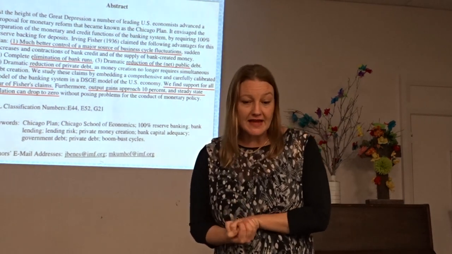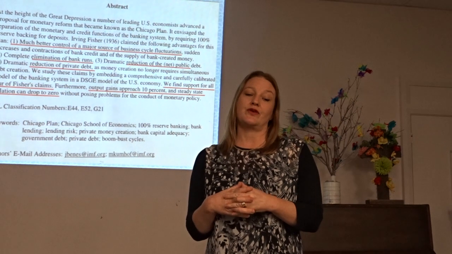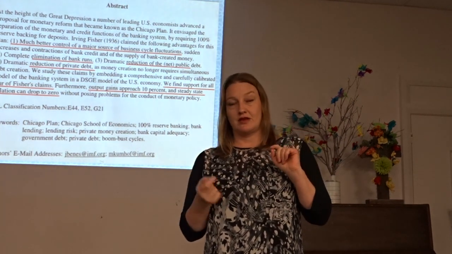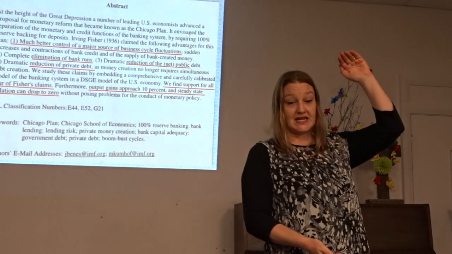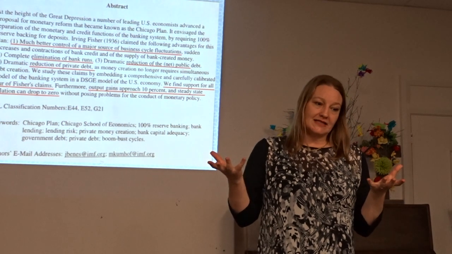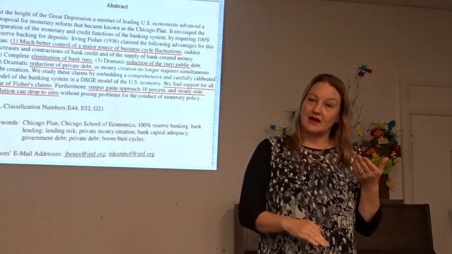The second thing they said is that we get a complete elimination of bank runs. Now that's something I haven't covered with you. So in the bank money system we've got at the moment, we've got money and we've got debt. If everybody went to withdraw their money, they cannot give it to you because they simply haven't got it, because they've got the debt there.